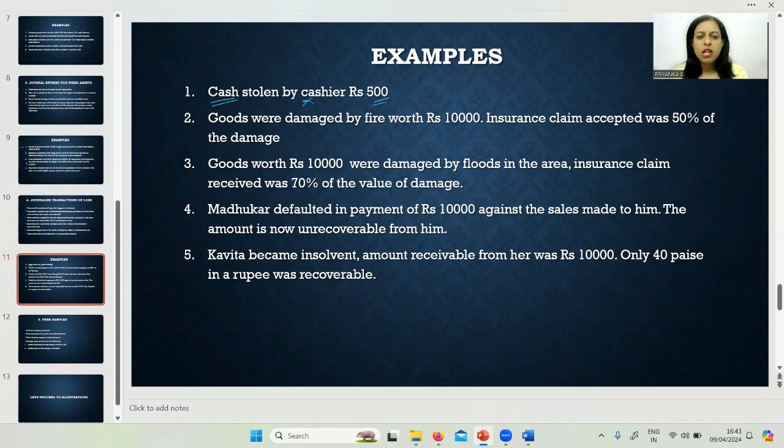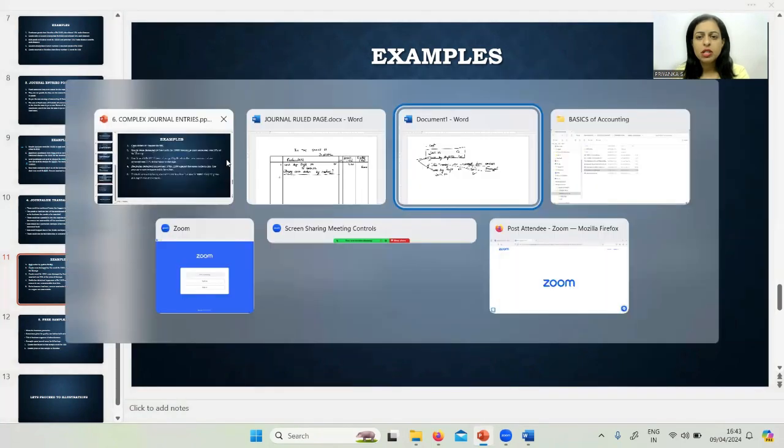So basically we will have goods, then damage, which will be the loss, and the insurance company's account, because this amount is receivable from them. It's not received yet. It is accepted by them, but it's not paid by them. So we will take that into consideration. So let's see how it should be written.